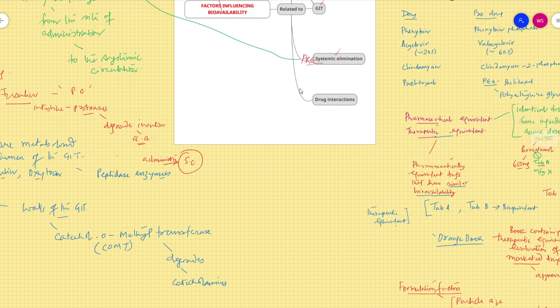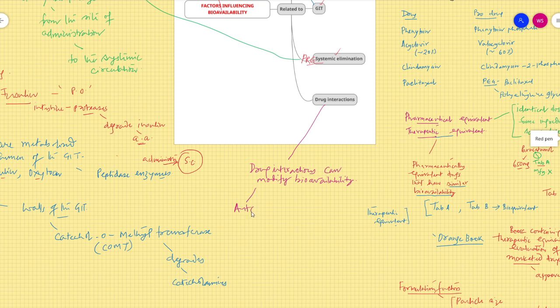Okay. Drug interactions. Drug interactions can modify bioavailability. Do we have examples? We certainly do.